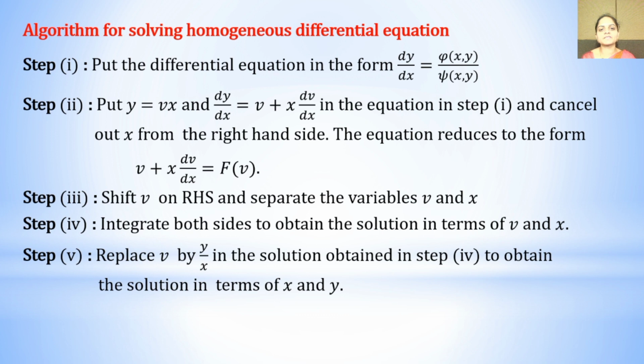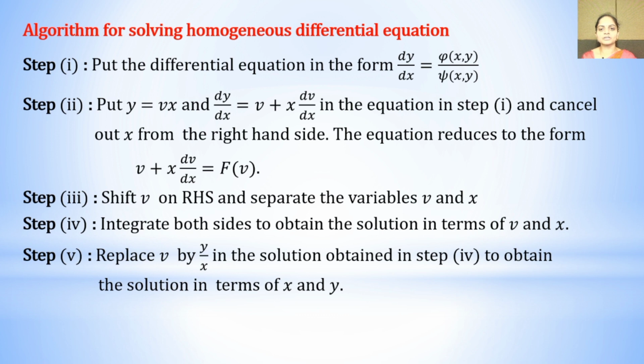Students, you must remember the steps for solving homogeneous differential equation. First, we write the differential equation in the form of dy by dx is equal to something. Next, we put y equal to vx in the above equation. On differentiating, we get dy by dx equal to v plus x into dv by dx.